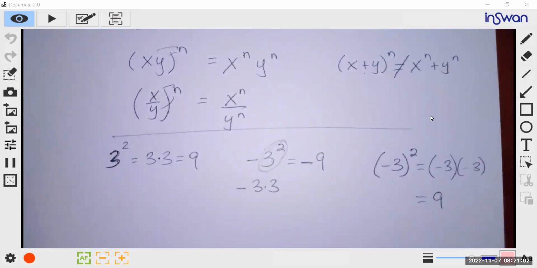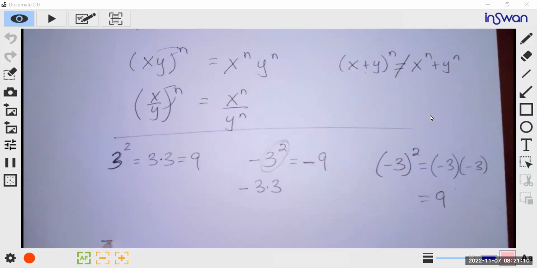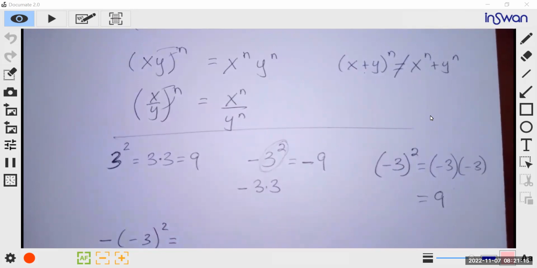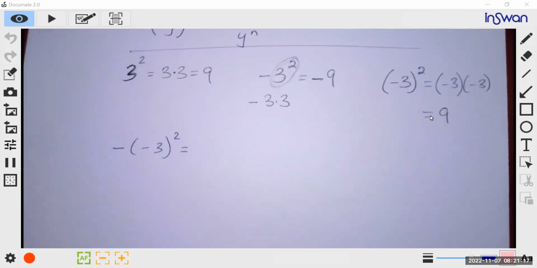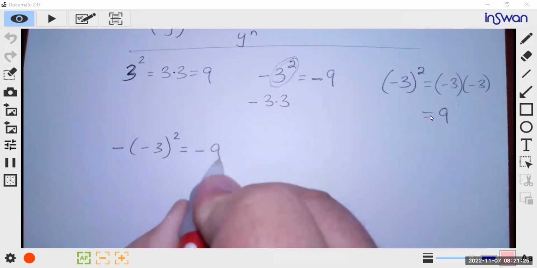So you have to be very careful of where the parentheses are and where the exponent is. What's that going to be? Negative what? Right. Answer should be negative 9.